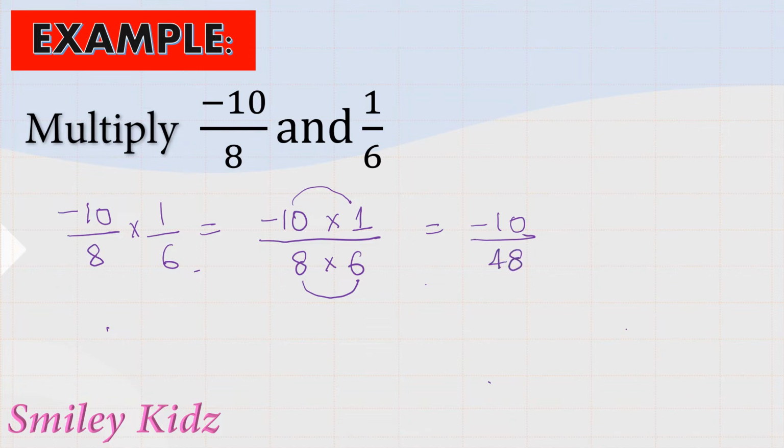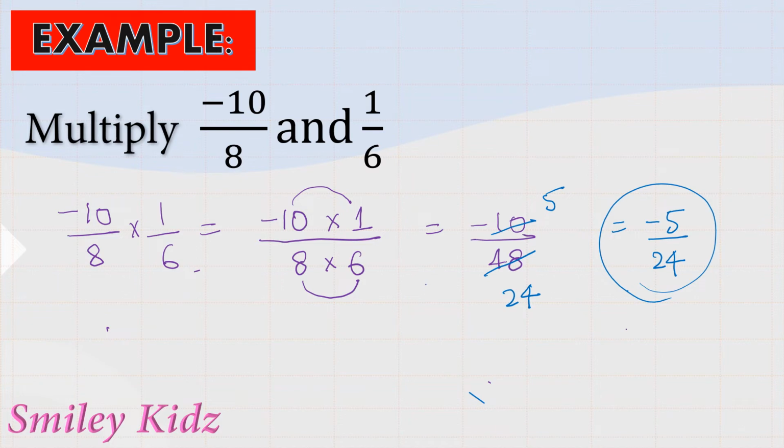We need to simplify. 2 times 5 is 10. 2 times 24 is 48, which is equal to minus 5 by 24. Therefore, when we multiply minus 10 by 8 and 1 by 6, we get the solution as minus 5 by 24.